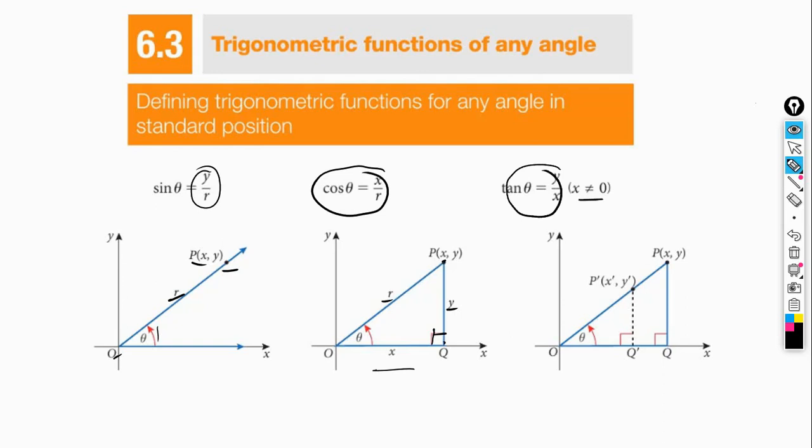Extending this to angles other than acute angles allows us to define the trigonometric ratios for any angle, whether it is positive or negative.